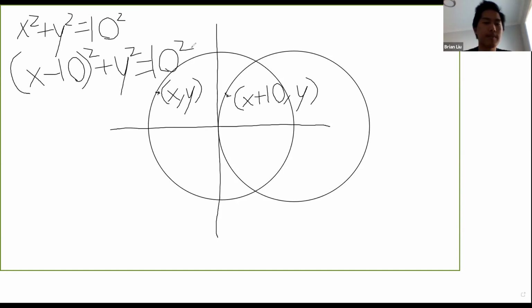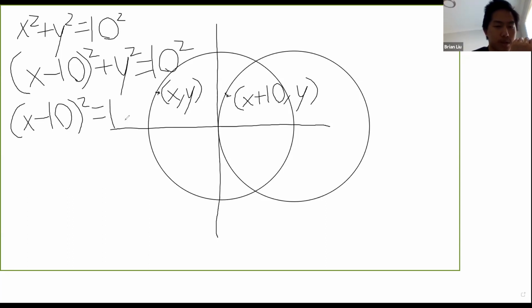So why is this? If we go the other way, instead of using this circle to find the equation, we can look here to see what values of x and y satisfy this equation. So we can do the old thing. If y is 0, then x minus 10 squared equals 10 squared.